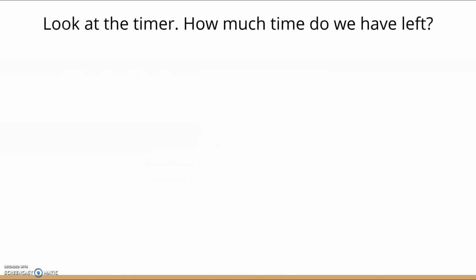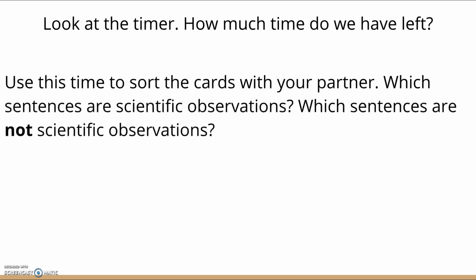So now look at the timer. How much time do we have left? We're going to use this time to sort the cards with your partner. There should be a stack or a set of cards on your table for you and your partner. Some of the cards have good scientific observations on them. The other cards do not have scientific observations on them.